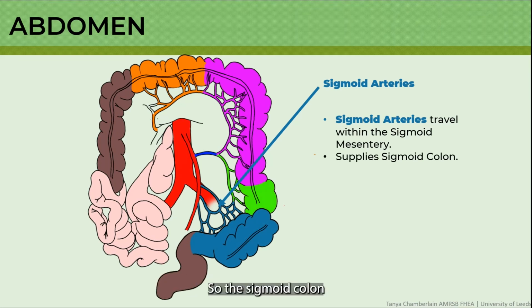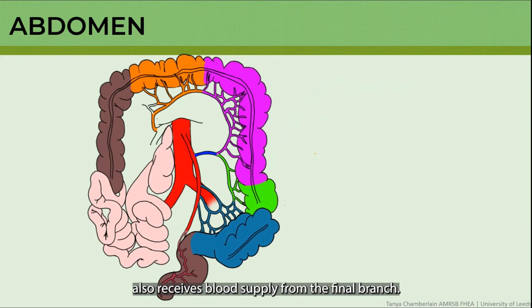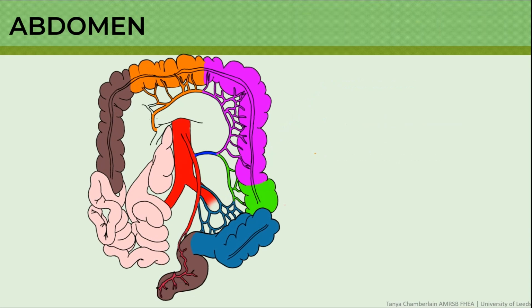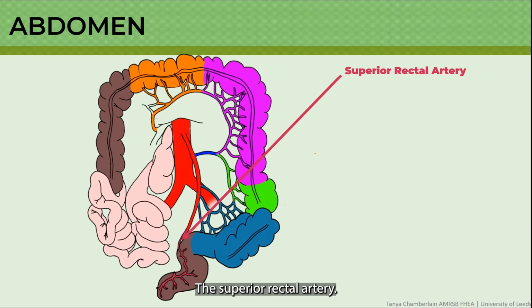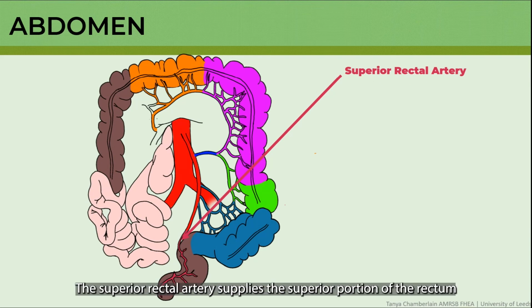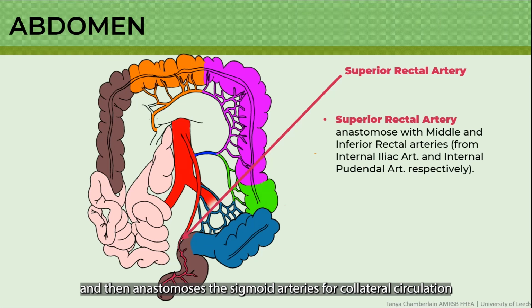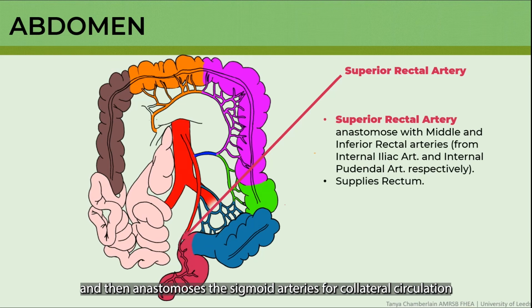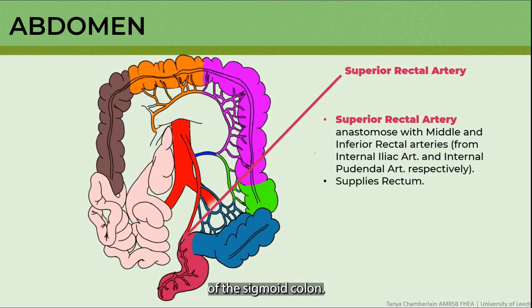So the sigmoid colon also receives blood supply from the final branch, the superior rectal artery. The superior rectal artery supplies the portion of the rectum and anastomoses with the sigmoid arteries for collateral circulation of the sigmoid colon.